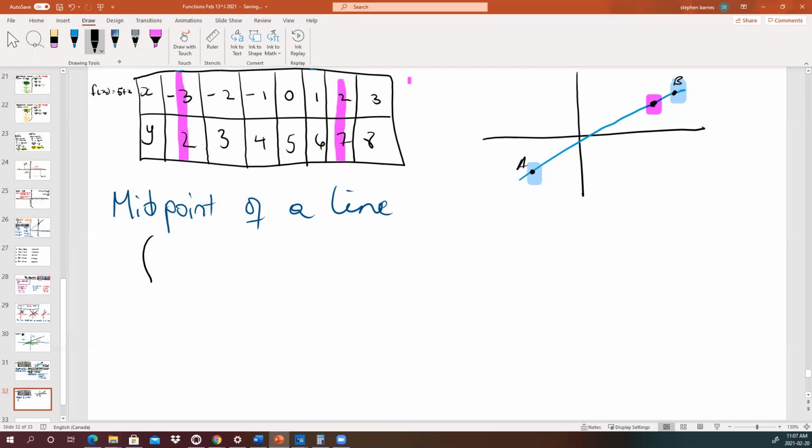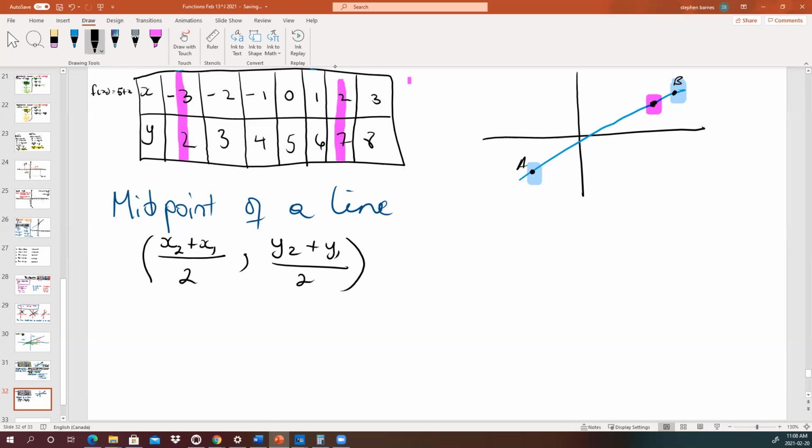So I'm just going to write a formula. You have x1 plus x2 over 2, comma, y1 plus y2 over 2, no matter which one you put first. So that is your formula for the coordinates of the midpoint of a line. Once you get the 2 points that you're going to be measuring the midpoint of, you then go ahead and find the x's and the y's.